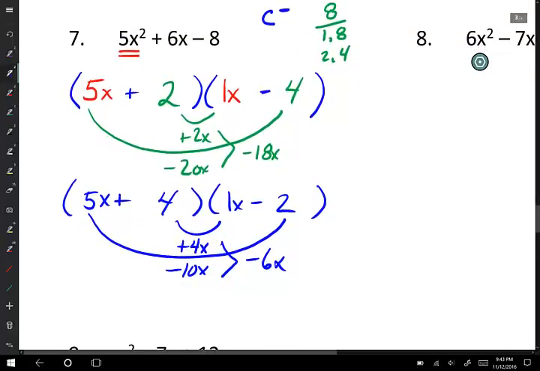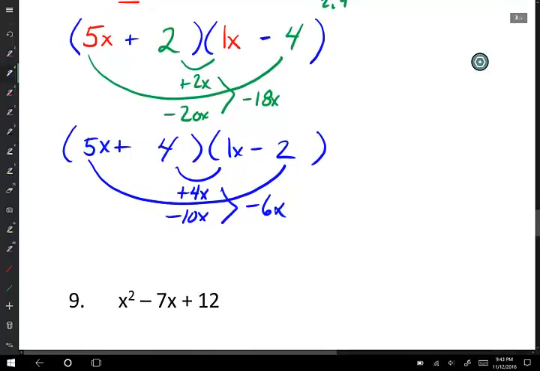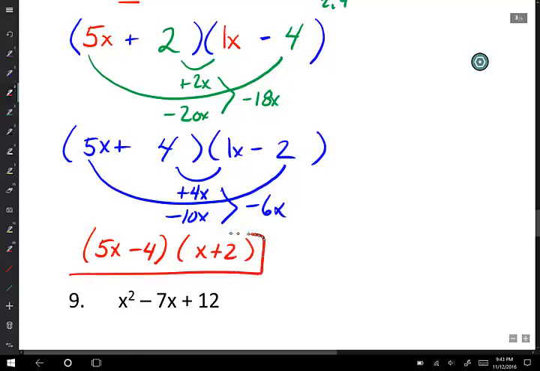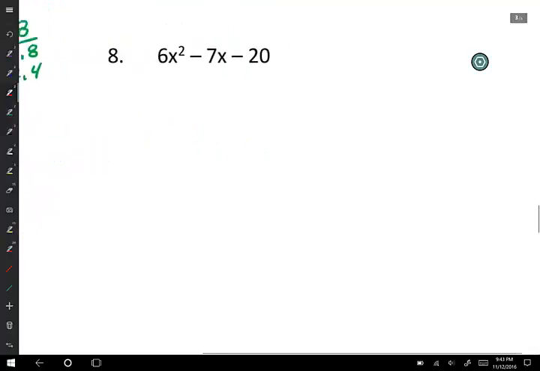We want a positive 6x. I hope you remember what we need to do. All we need to do is change the signs of the 5x plus 4 to a 5x minus 4 and an x plus 2. And I hope you do realize that we're not going to actually write a 1x in our answer. Let's take a look at number 8.